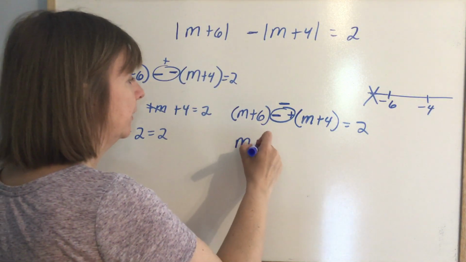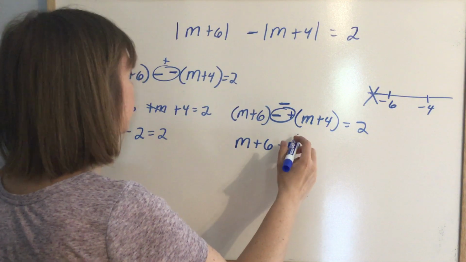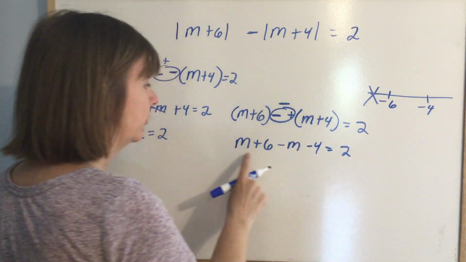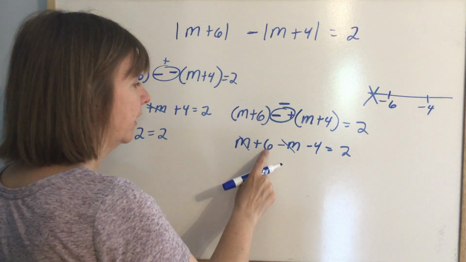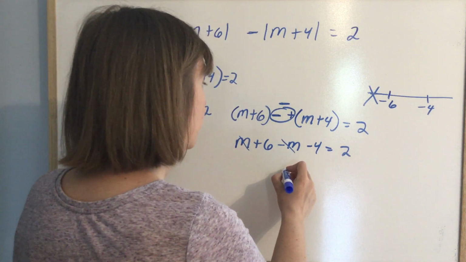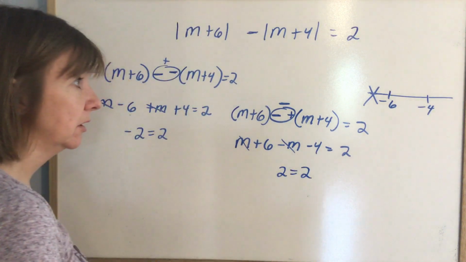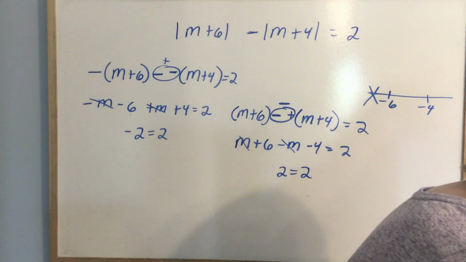So I have m plus 6 minus m and minus 4 equals 2. So m take away m is gone, and I have 6 take away 4. That is 2 is equal to 2. That actually works.